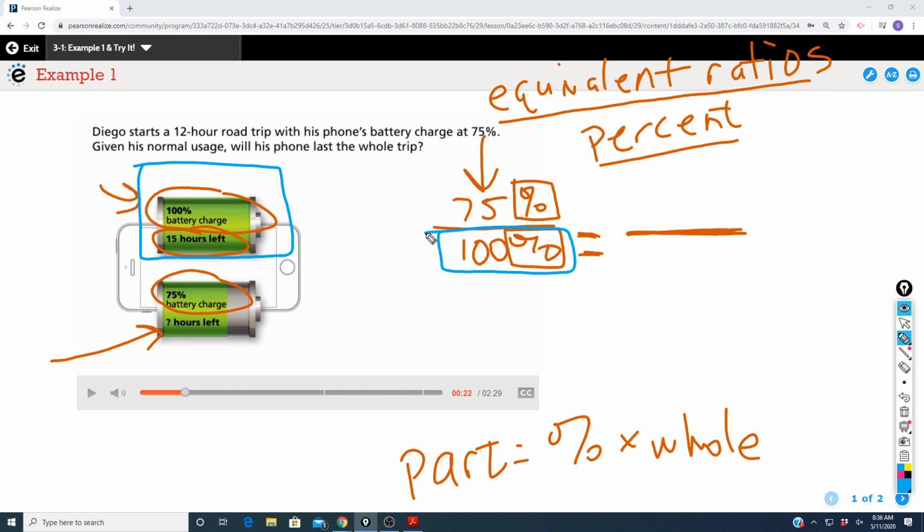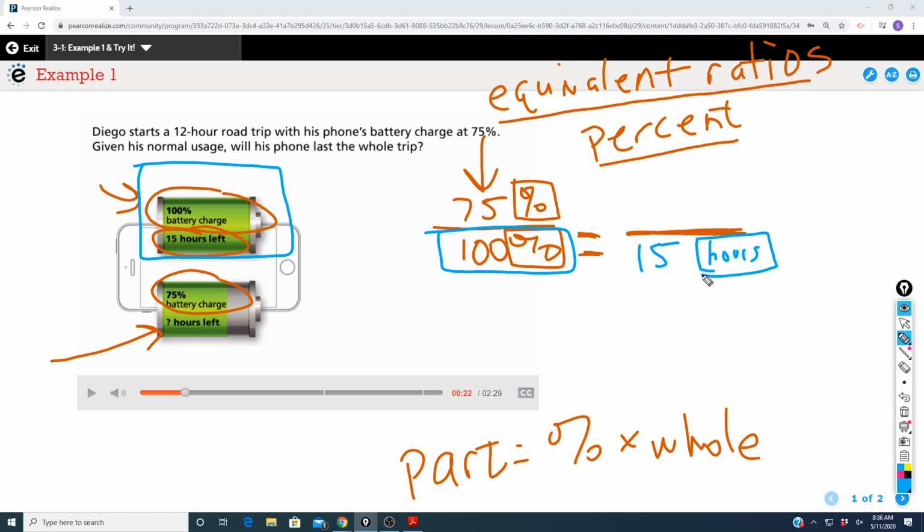Our 100% is going to give us how many hours? It's 15, right? So the 15 is going to stay over here at the bottom in the denominator. Now I want to write the hours, but just to show the difference, I want to put that in a box.